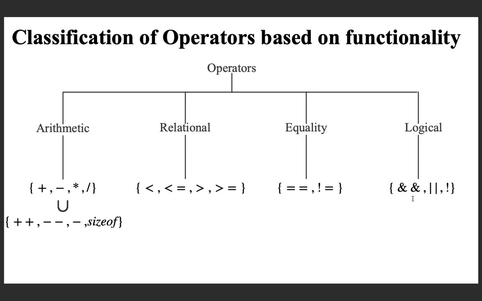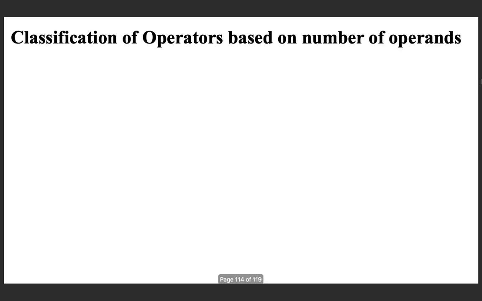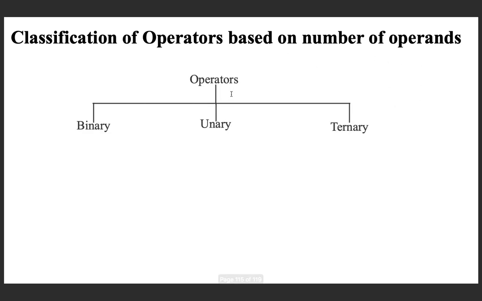And finally, we have logical AND, logical OR, and logical NOT. This is NOT, which is a unary operator. Based on the number of operands, the same set of operators can be classified as binary, unary, ternary. Binary means acting on two operands, unary means acting on a single operand, ternary means acting on three operands.